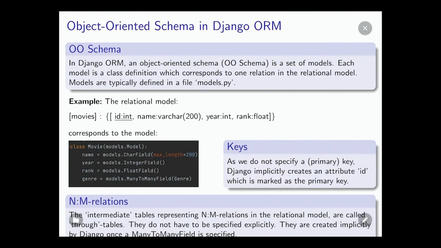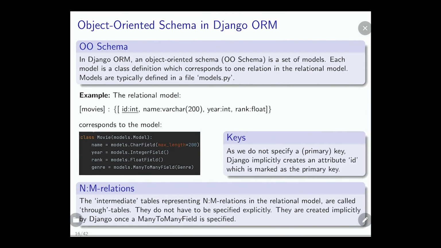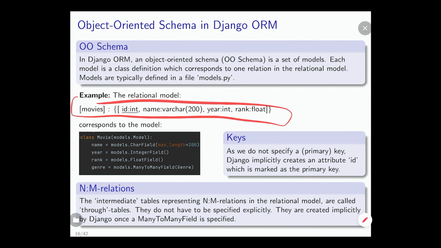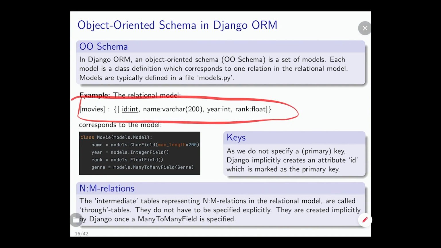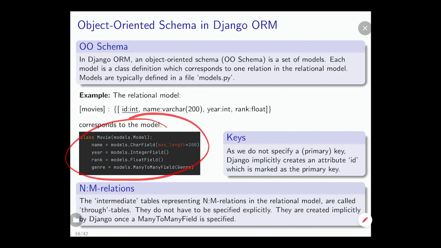But first, in order to be able to work with Django, we have to define a schema. Basically, the schema in Django is like the standard relational schemas we looked at, just rotated by 90 degrees in a way. So if this is how you define a schema in the relational model, which is the model we had in this lecture, this is how you would define it in Django ORM.